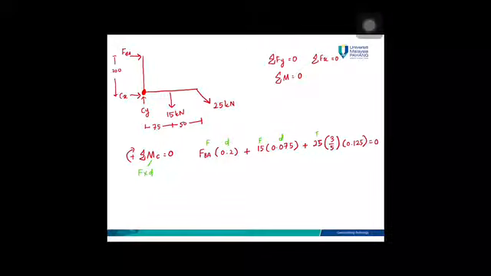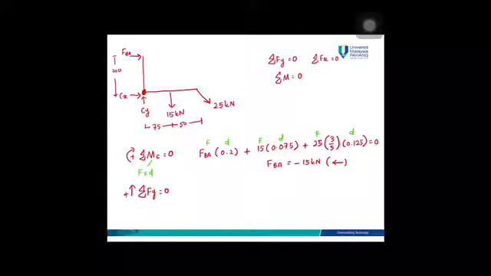Put the annotation, and then you solve this equation. FBA is equal to negative 15 kilonewton. Negative because we wrongly assume the direction. It should be to the left. And then summation Fy is equal to 0.